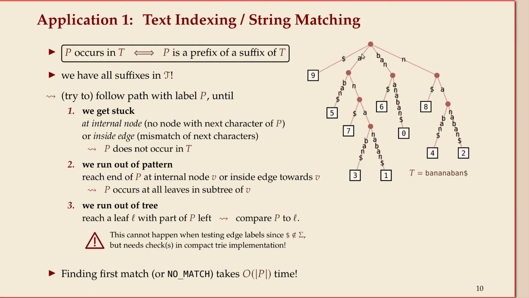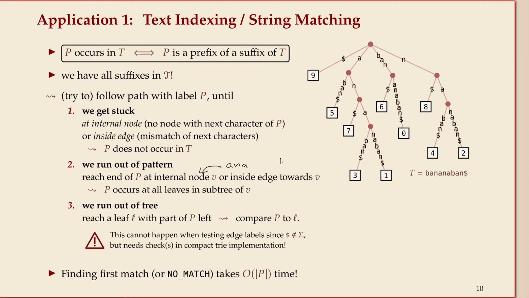Now, in the case of Anna, we went down here, and then we ran out of pattern. We're somewhere in the tree, and our pattern is finished. That meant that we reach some internal node, or we stop inside the middle of an edge. For Anna, it was an internal node.